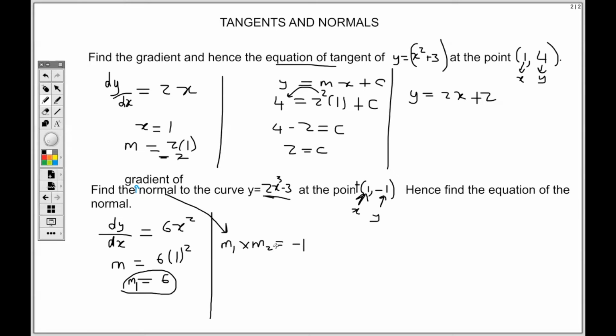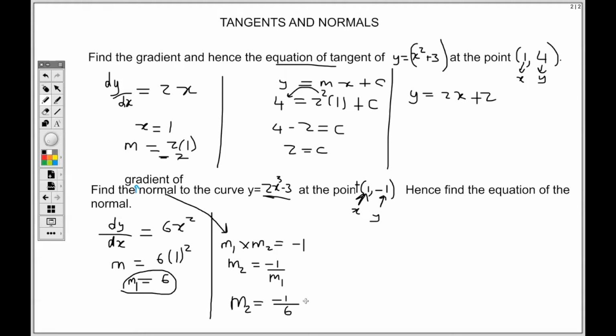In other words, to find m2, m2 is equal to negative 1 over m1. That's how you find the gradient of the normal. So m2 is equal to negative 1 over m1, which means the gradient of the normal is equal to minus 1 over 3.